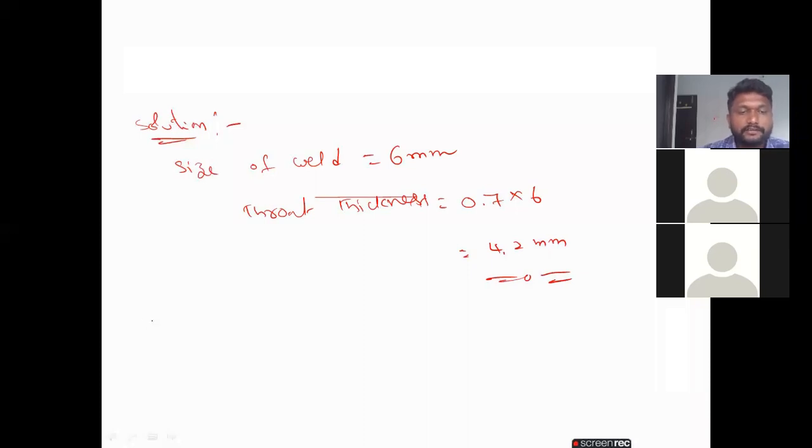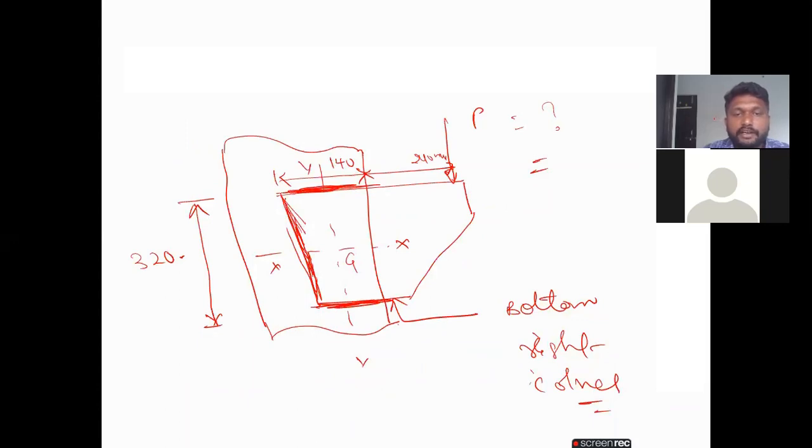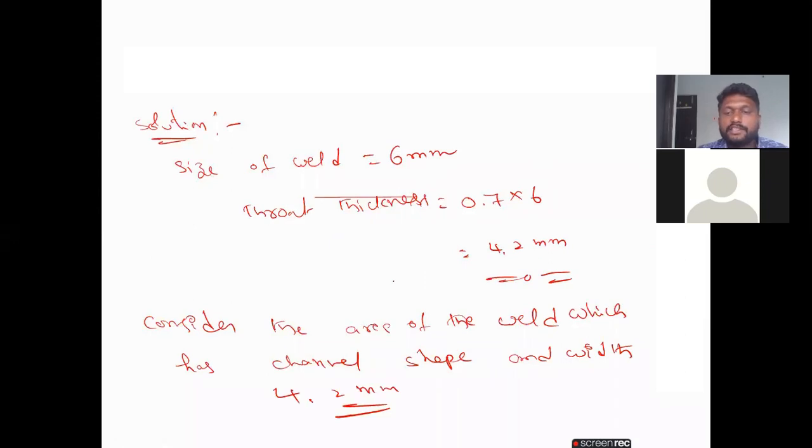So now consider the area of the weld which has channel shape and width is 4.2 mm throughout that one. If you see here in this diagram, the weld is in the C type, C channel section, and we will consider this one the width as 4.2 mm.